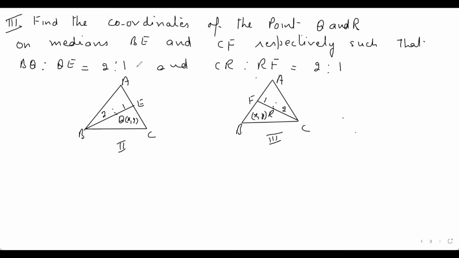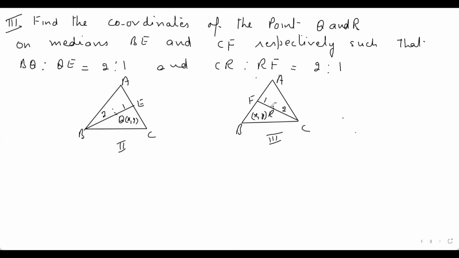Now he says in the question, find the coordinates of the points Q and R. I am to find the coordinates of this Q and R on the medians BE and CF. It means BE is the median and CF is the median, such that BQ and QE are in the ratio 2:1.